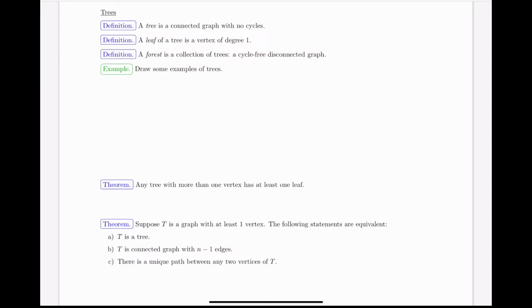Let's draw a few examples of trees. So first of all, to justify why they're called trees, you notice that you can draw them sort of from the root up. And as long as what I draw is connected and has no cycles, I do have myself a tree. There we go. So if I were to add, for example, this edge, it will no longer be a tree.